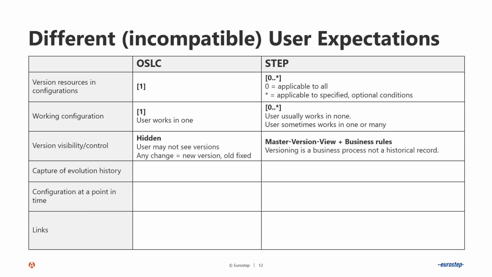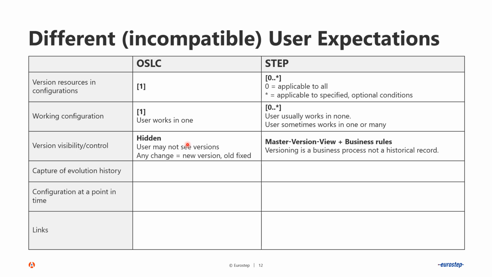Then version visibility control. Often in an application using OSLC types of configuration management, versions are often hidden, so the user may not see the versions, and any change they make normally creates a new version, and the old one is fixed, so you can't go back and change the old one.